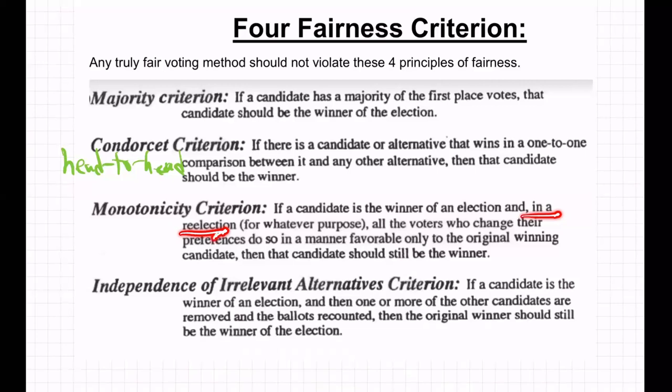So if there ever was a re-election for whatever purpose, and in the re-election, some people change their vote a little bit. Let's suppose that all voters who change their vote preferences do so in a manner favorable only to the original winning candidate.